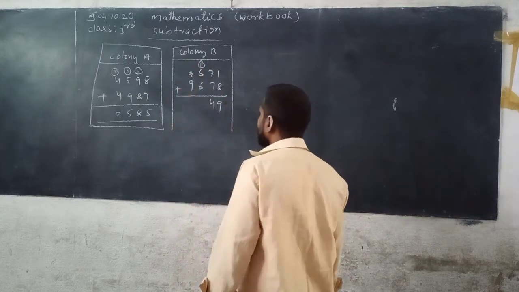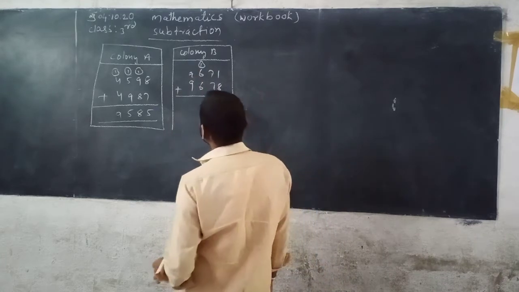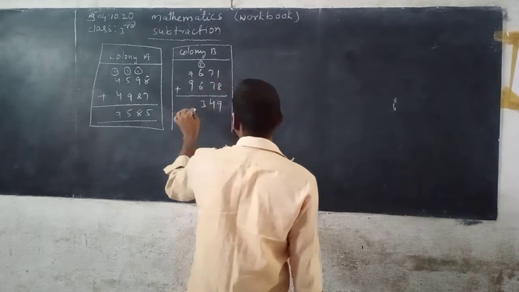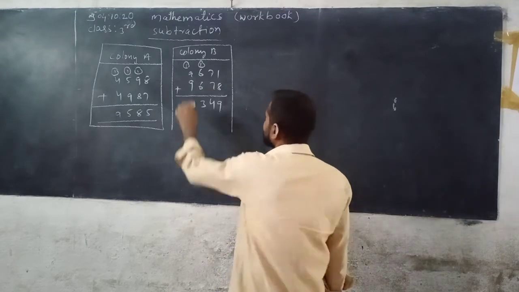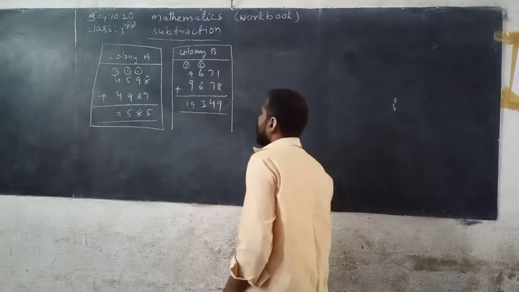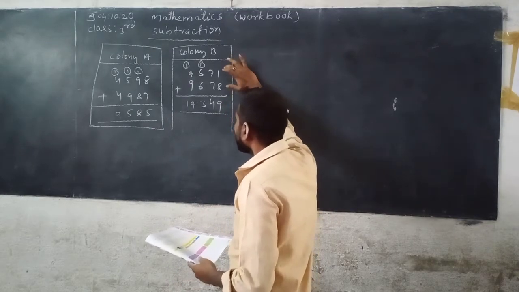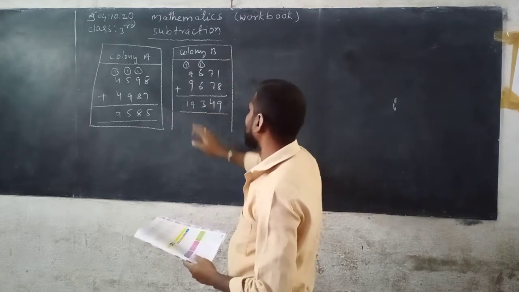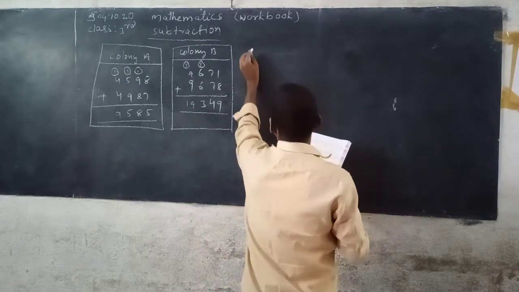Next add the digits in hundreds place, that is 1 plus 6, 7. 7 plus 6, 13. 3 taking, 1 carried over to the thousands place. Now add the digits in thousands place, that is 1 plus 9, 10, 10 plus 9, 19. So the total population, the number of men and women in colony B, is 19,349.